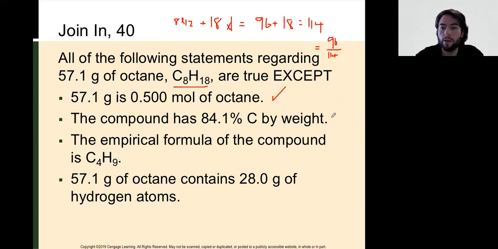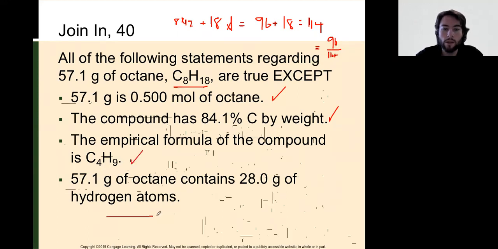So that's close enough. Okay. The empirical formula of the compound is C4H9. So C4H9, yeah, because if you simplify that any more, you're going to get a non-integer value. So that seems okay. So that means that this one must be the incorrect one. And we can check that by looking at the molar ratio that exists here.